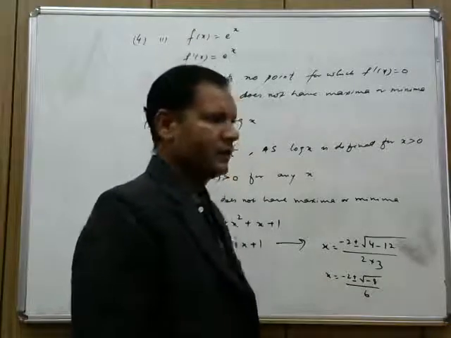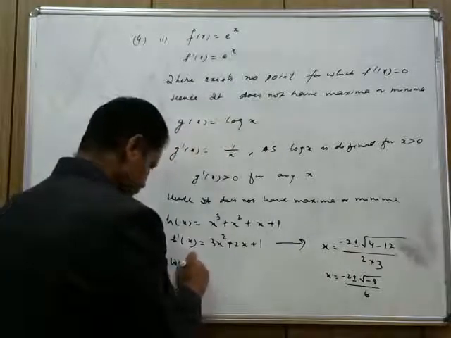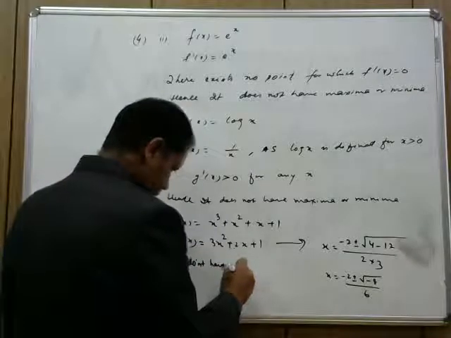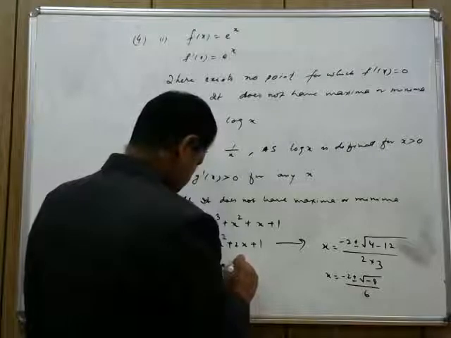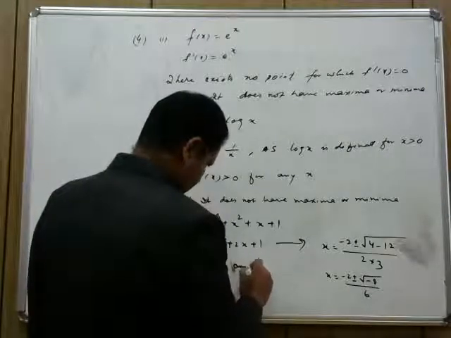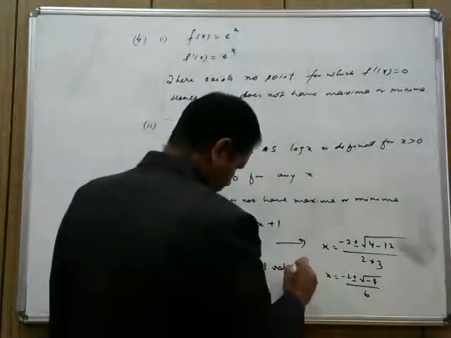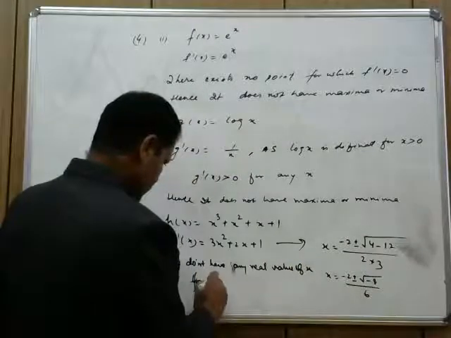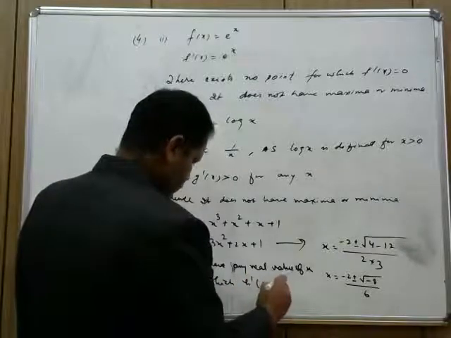That means again we don't have any real value of x for which h dash of x will be equal to 0.